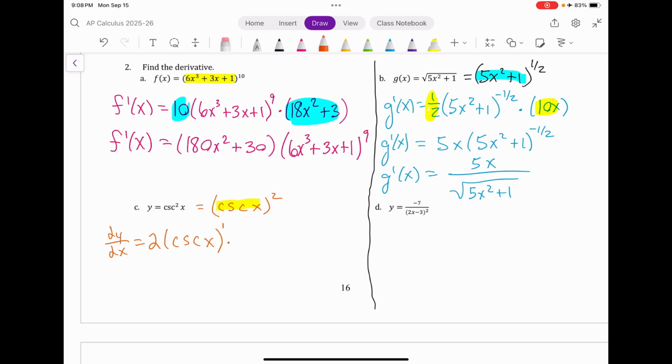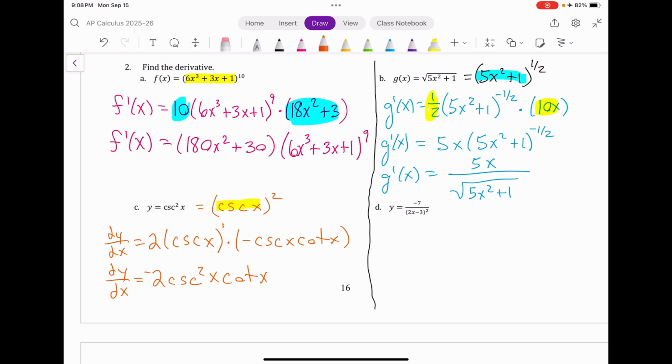We don't have to write that. And then times the derivative of the inner function, cosecant x. So that'd be negative cosecant x cotangent x. Okay, and then we can multiply the cosecant x's together. So we got negative 2 cosecant squared x cotangent x.